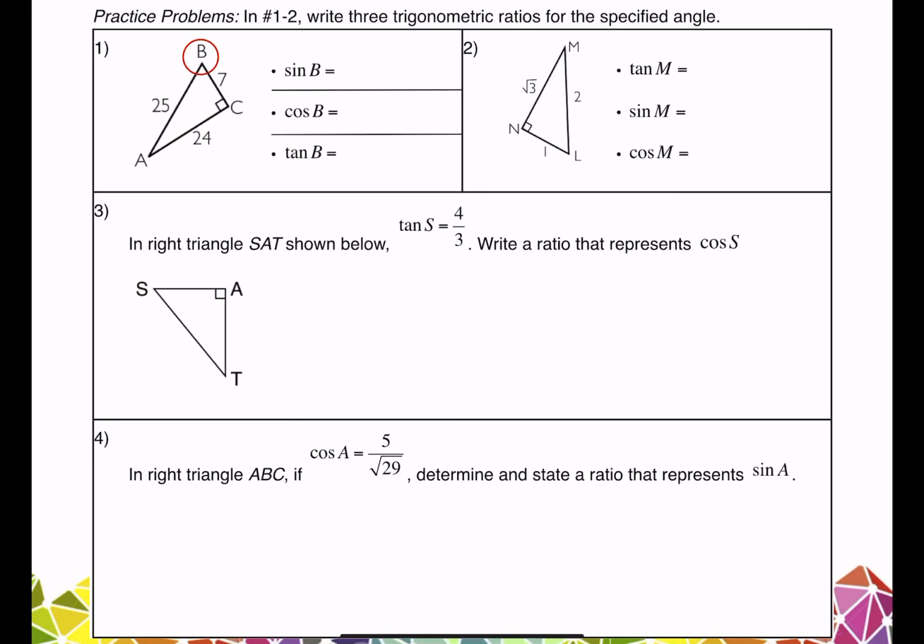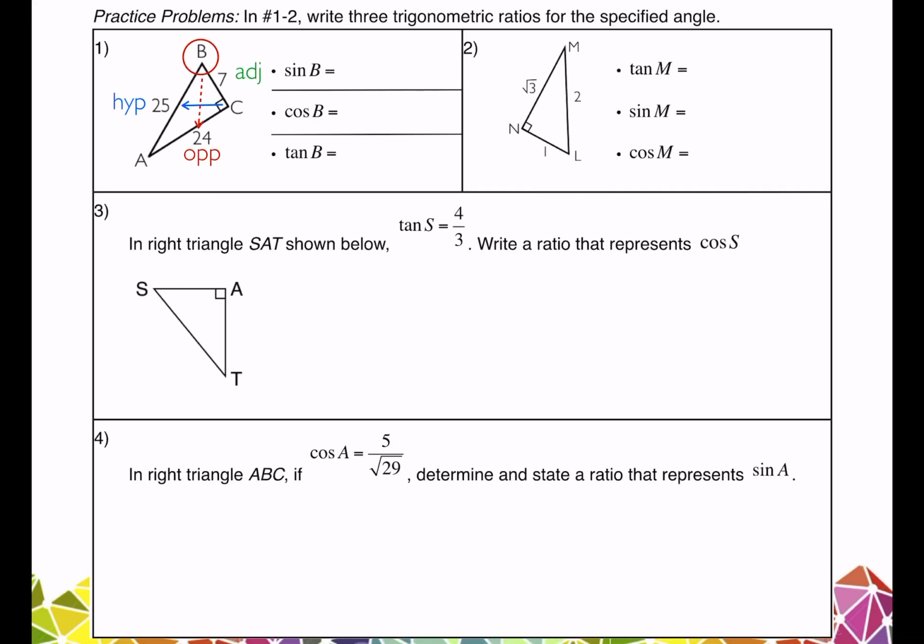So I'll circle angle B. I'll draw a line across to the opposite side, which is 24, but I'll go ahead and label that as opposite. I'll draw a line opposite the right angle to identify the hypotenuse. And finally, the adjacent side is the side that I'm left with here.